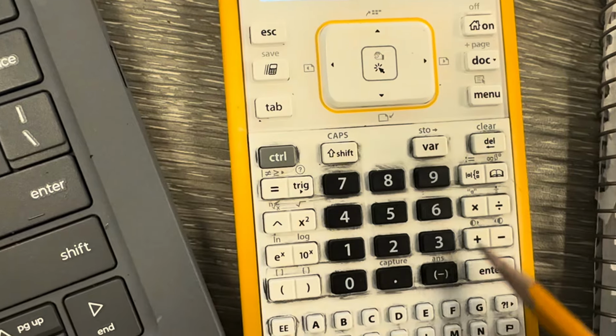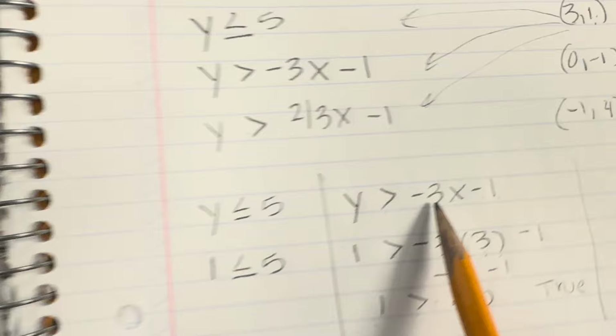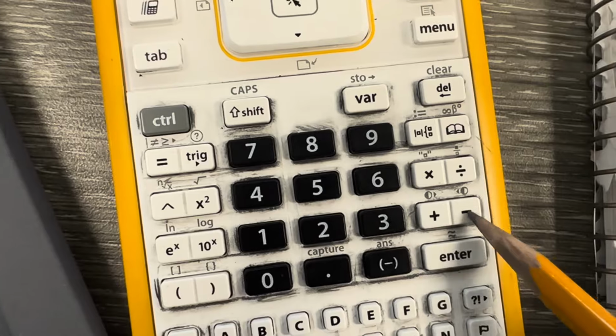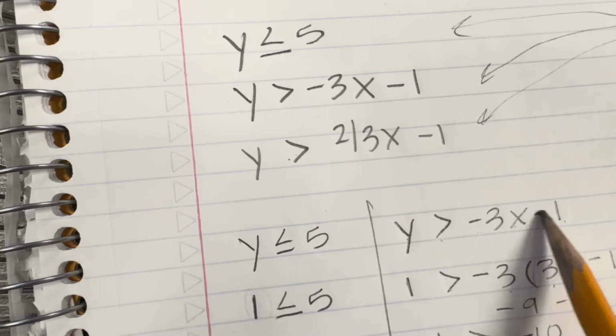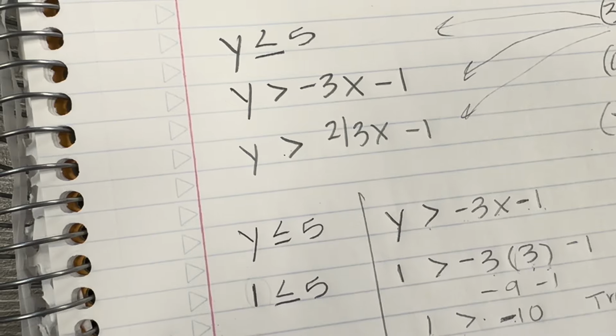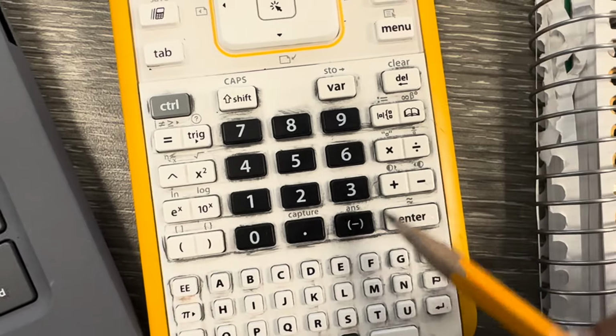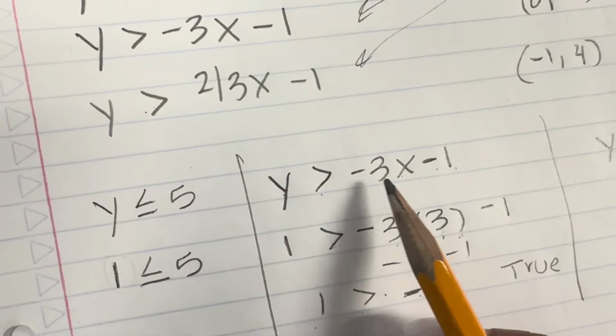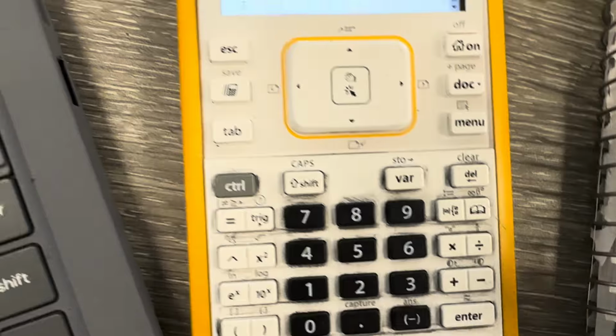Remember, these are two separate keys. This is negative when it's in front, and this is minus when it's in between like that. So make sure, however you say it, it's how you select it. We say negative 3x minus 1, so negative and minus.